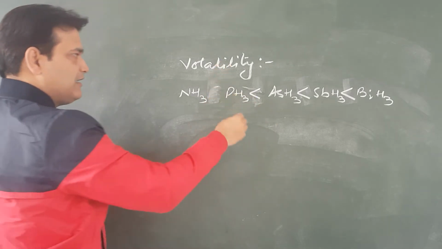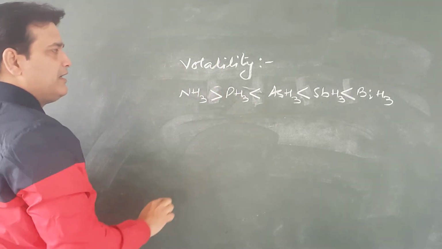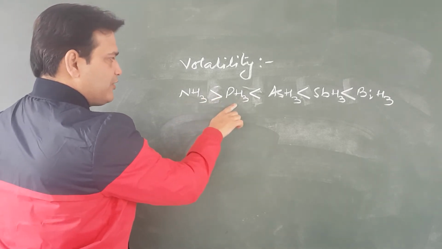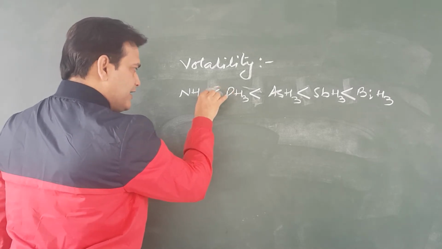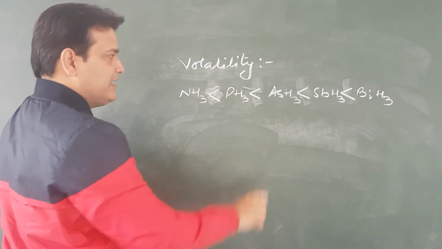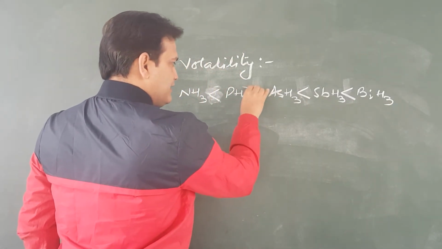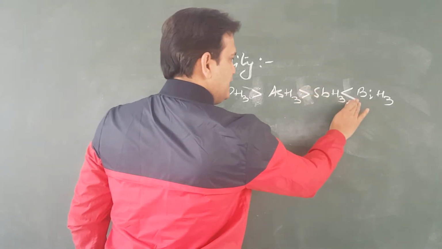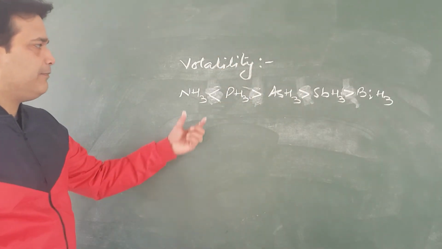You have seen, if I compare, this was the trend of boiling point, and now this is the trend of volatility. You can say it is just a reverse of the boiling point.